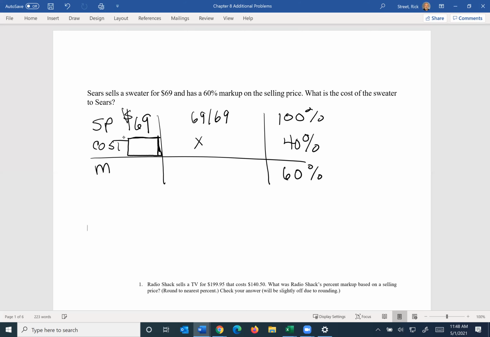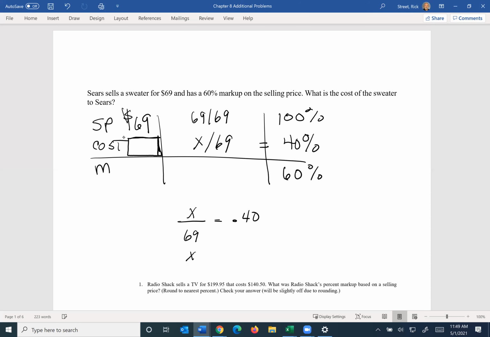And here we want to go X divided by 69 is going to equal 40%. So we drop down, calculate X divided by 69 equals 40 cents or 40%.